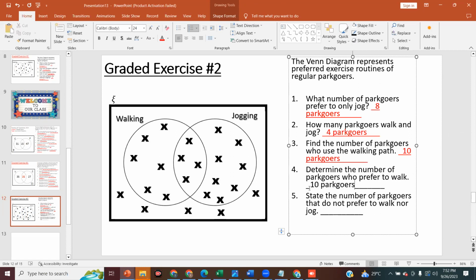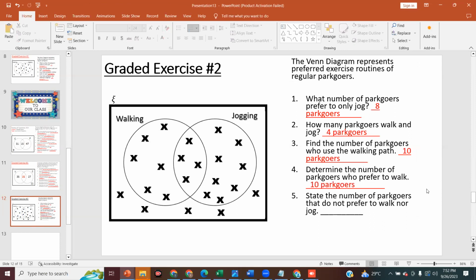All right. Hold on, Mr. McKee. How did you get 9? How did you get 10 just now? Because they asked for the number of people who use the walking path. The people who use the walking path are the people who are walking. All right, so let's add them. 1, 2, 3, 4, 5, 6, 7, 8, 9, 10.